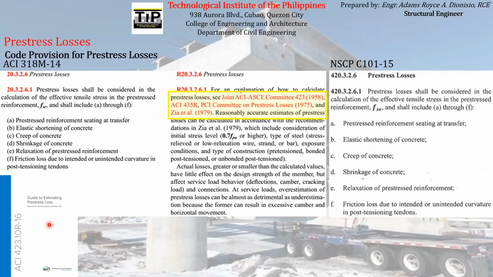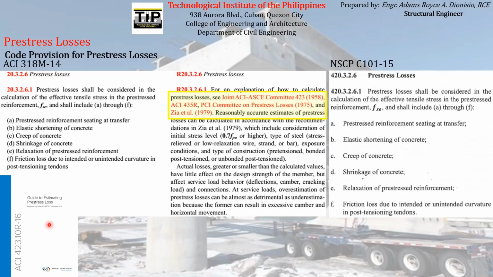This is a collaborative work of the ACI and the ASCE, and we all know that these are two different, famous organizations with respect to civil engineering practice. ACI stands for American Concrete Institute, and ASCE stands for American Society of Civil Engineers.